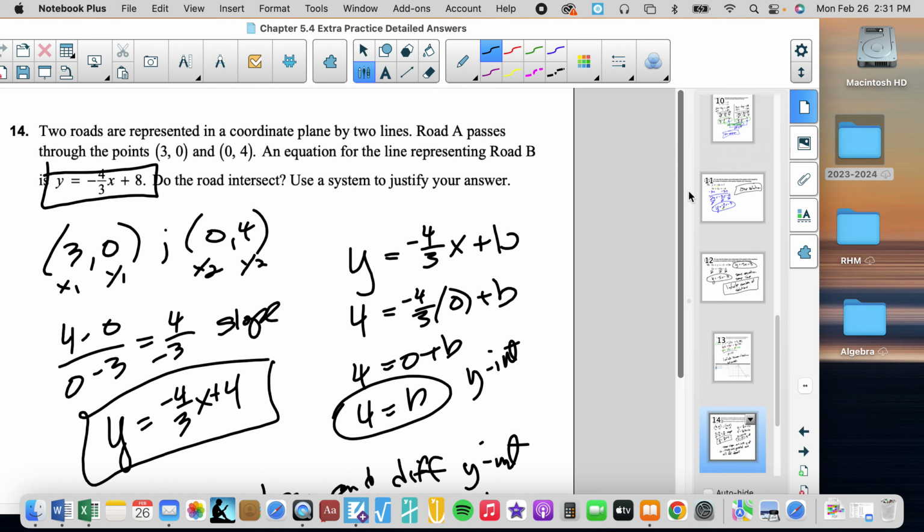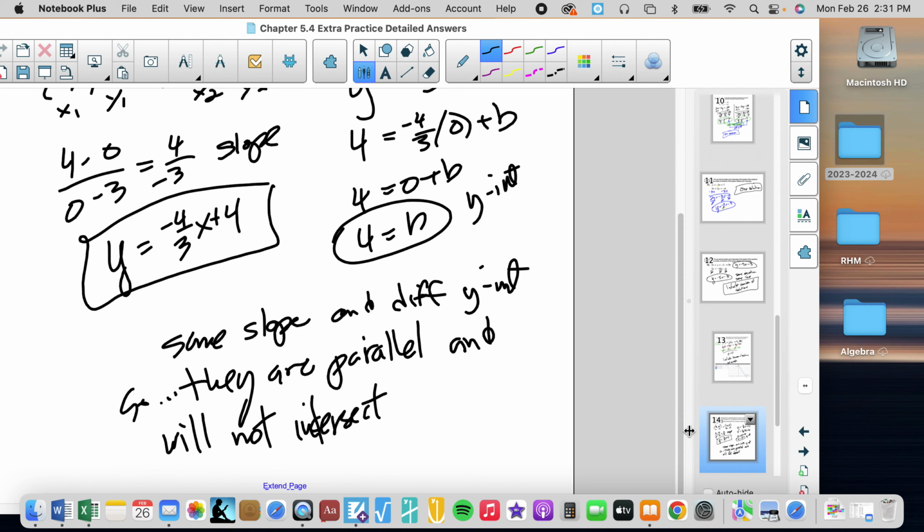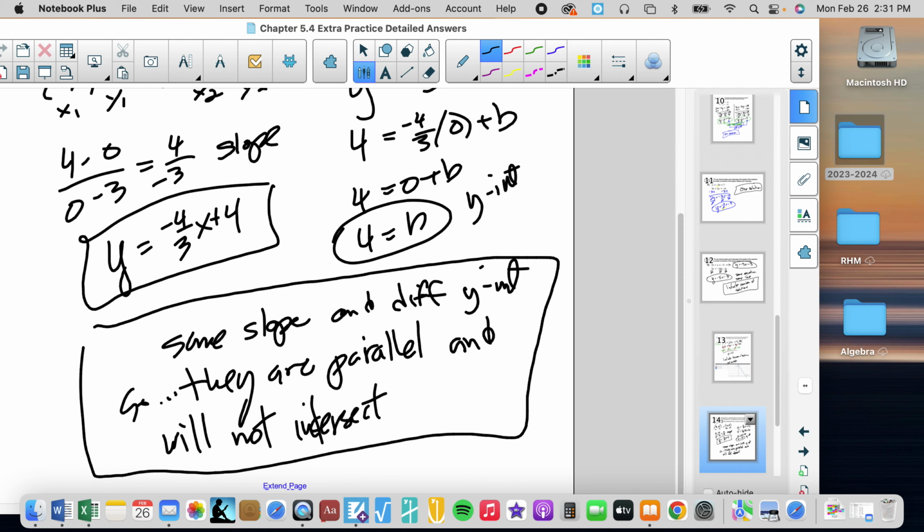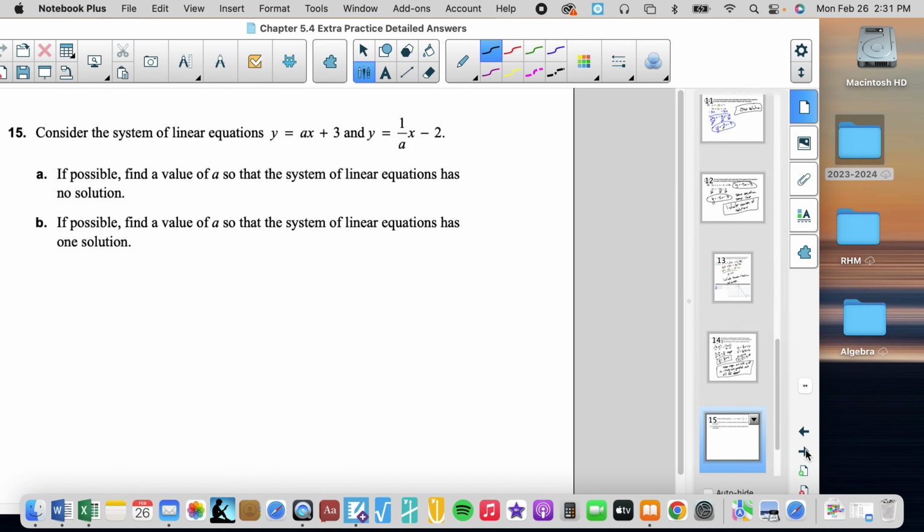So it's just that same slope and different y-intercept.